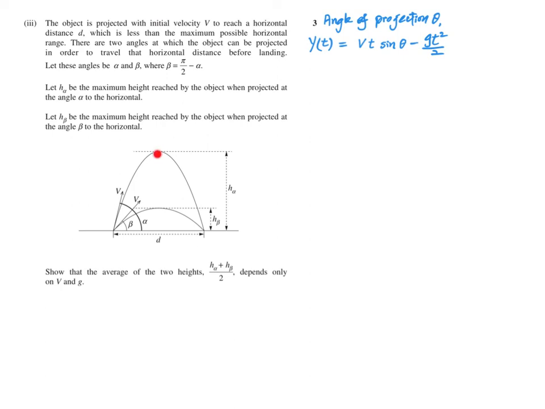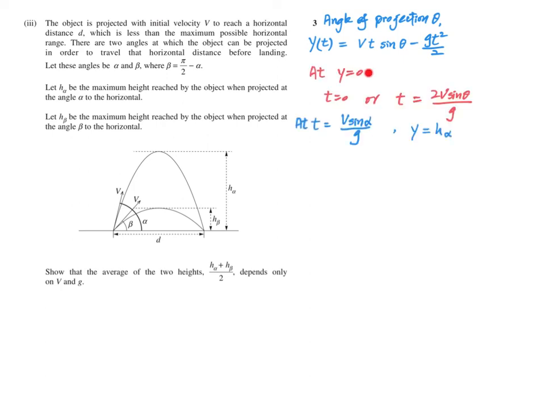If the highest points from the ground we name h alpha and h beta, the question asks you to show that the average of these two heights depends only on v and g.